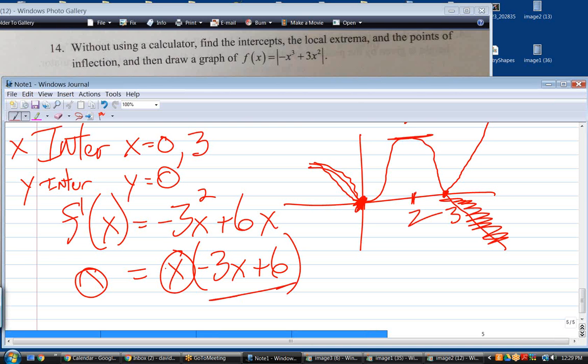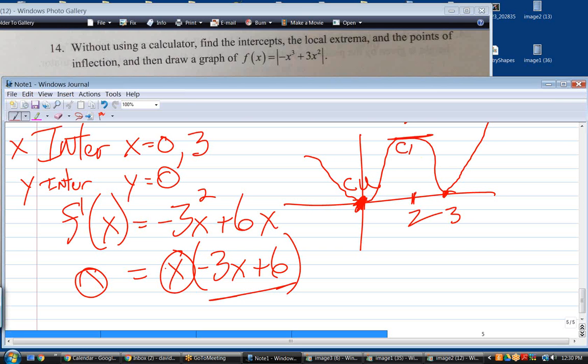Okay. And now points of inflection. Well, points of inflection are where concavity changes. Clearly here we're concave up.